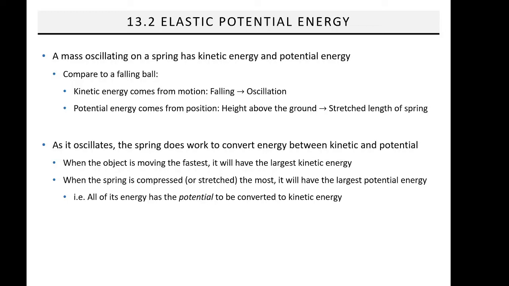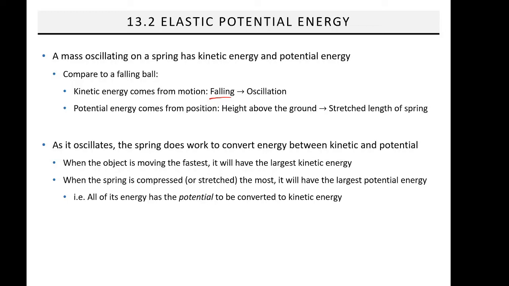So when we have a ball falling through the air, the kinetic energy of that ball comes from the actual motion, the actual falling of the ball. In comparison with the spring, the kinetic energy comes from the oscillation, from the actual motion of the object connected to the spring.